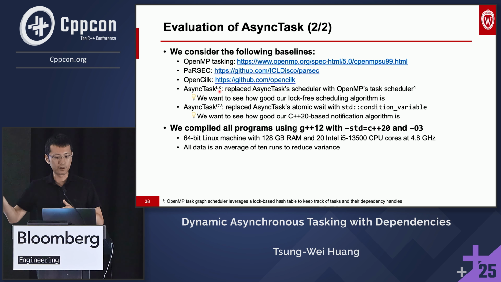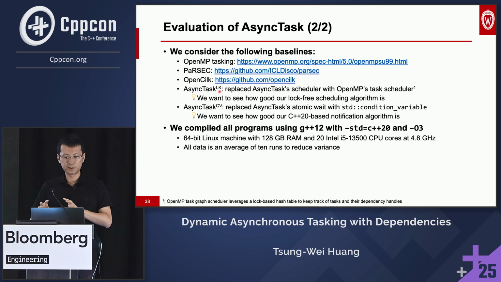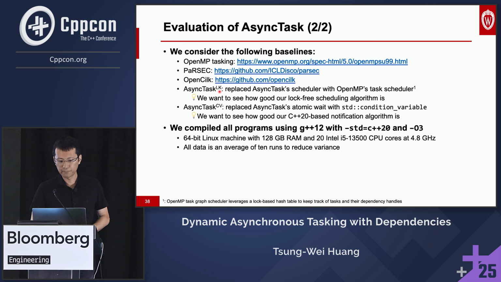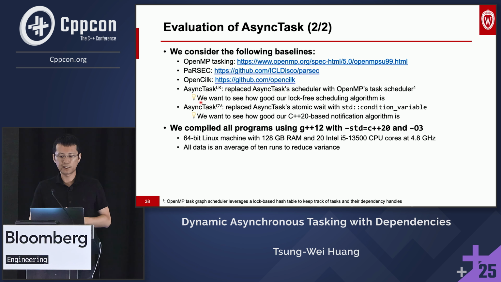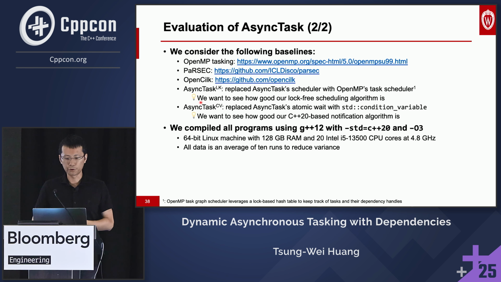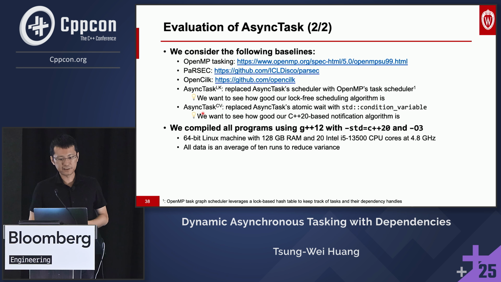This is probably one of the reasons OpenMP's tasking performance is not so good compared to many of the other libraries. But this comparison allows us to measure how good our lock-free scheduling algorithm is. AsyncTask CD replaced our atomic variable-based notification algorithm using a condition variable.